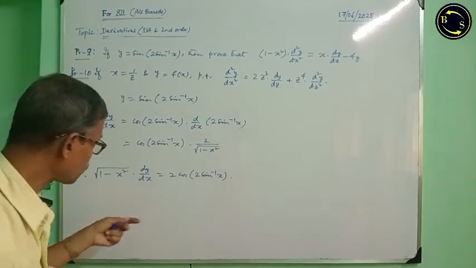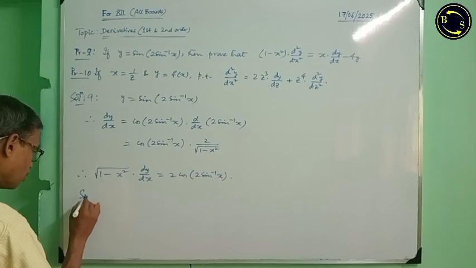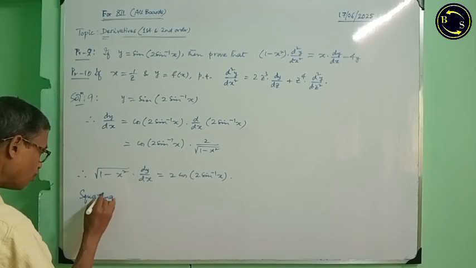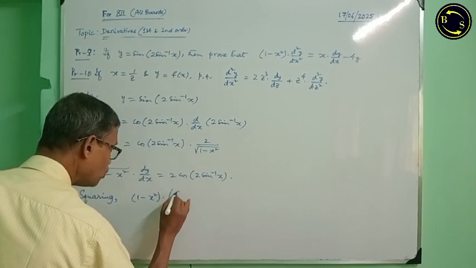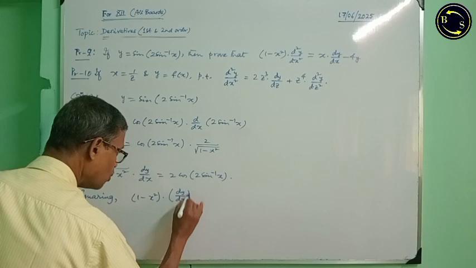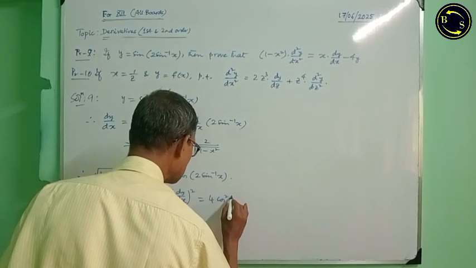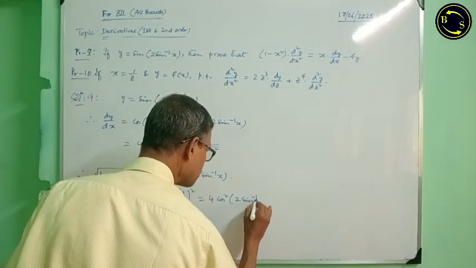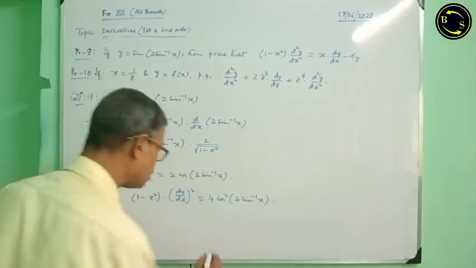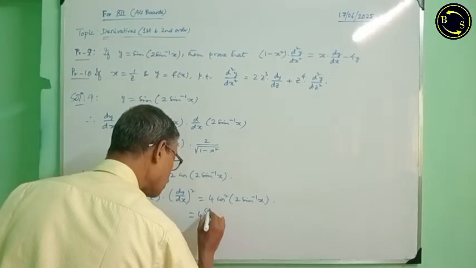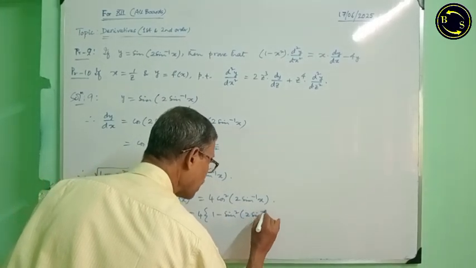Now, if we square both sides, then the square root will be removed. Square it. (1 − x²)(dy/dx)² = 4 cos²(2 sin⁻¹x). It is of the cos² θ form, that means 4(1 − sin²(2 sin⁻¹x)).